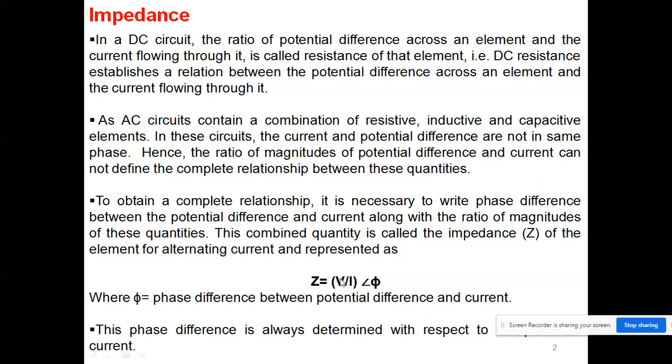It is the ratio of magnitude of voltage divided by current, that is equal to R in DC, but in AC it is not. That is multiplied by the phase difference between voltage and current. So the whole quantity defined here is the impedance. Is it okay? This phase difference is the difference between the voltage and current.